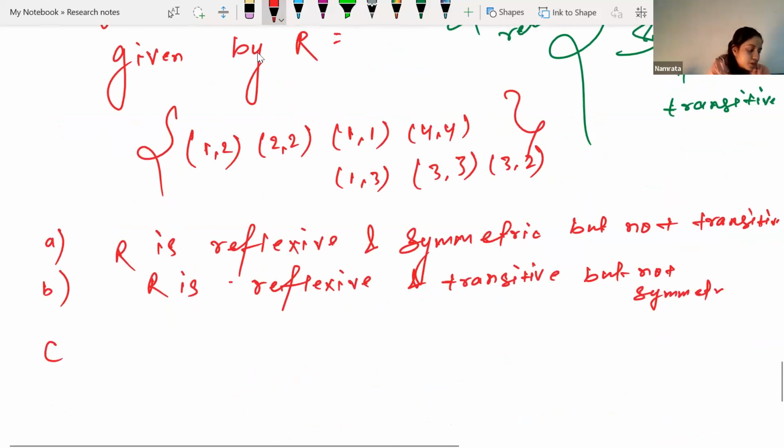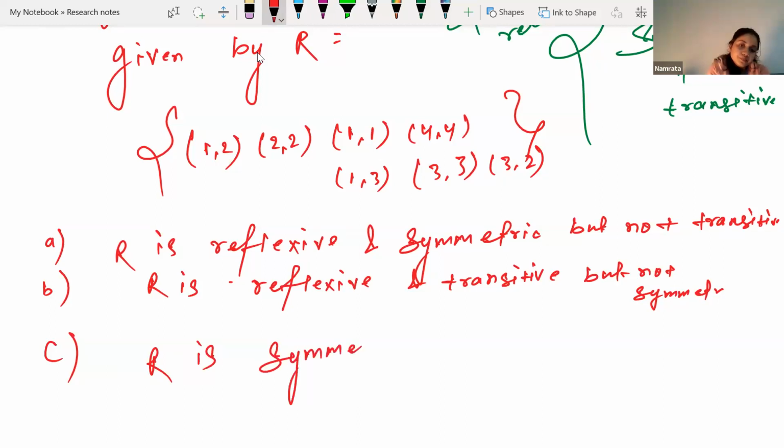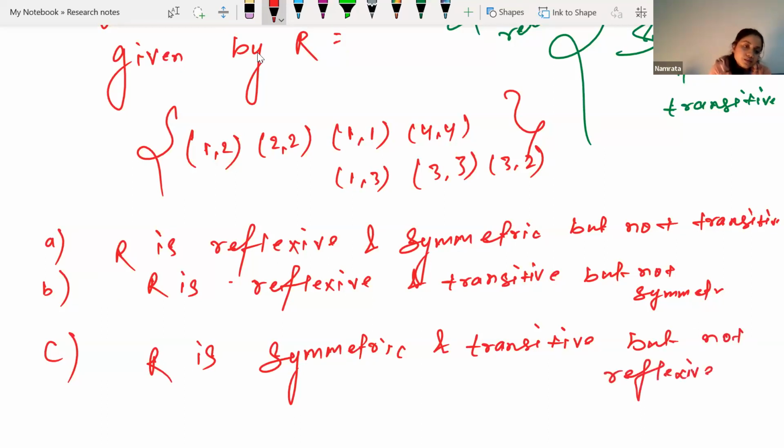Other one is R is symmetric and transitive but not reflexive. The last option is R is an equivalence relation.